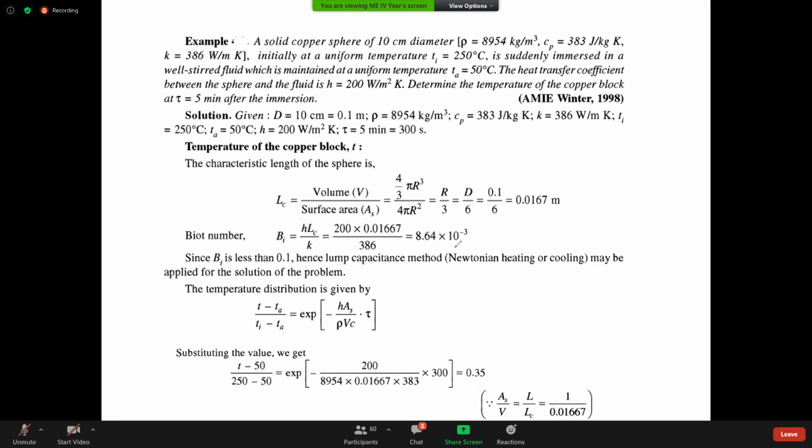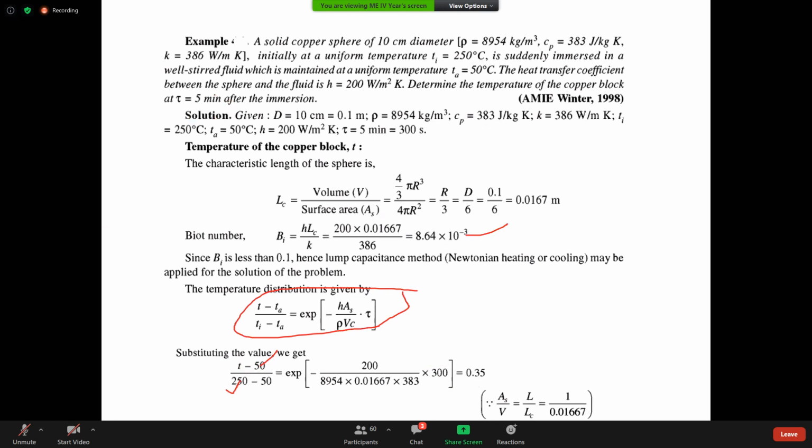The Biot number is less, so definitely I can use this expression. The initial temperature and T infinity are given, and this needs to be found out. The tau is given as 300. Why is tau 5 into 60? We have converted into seconds: 5 into 60 is 300. So you get the temperature like this.